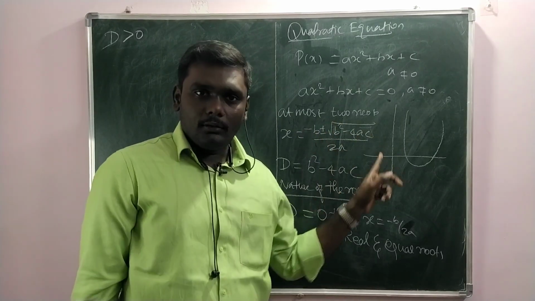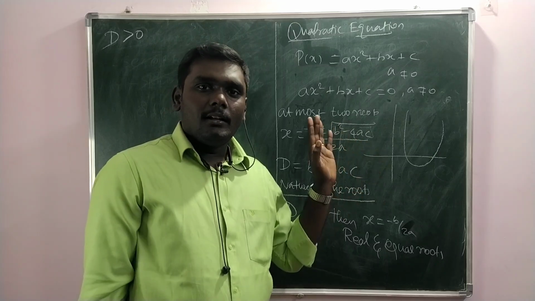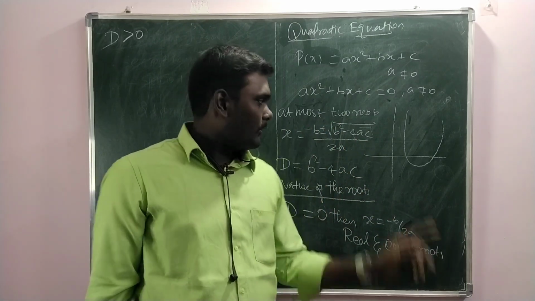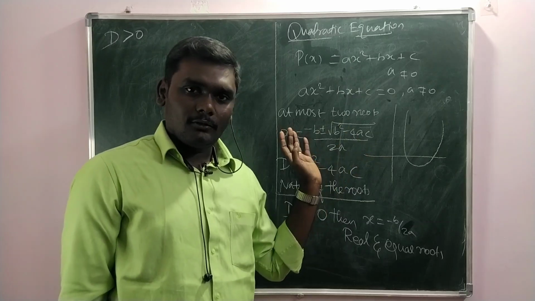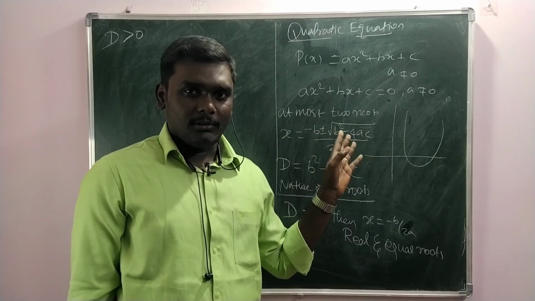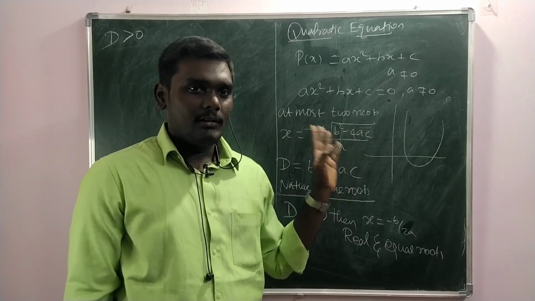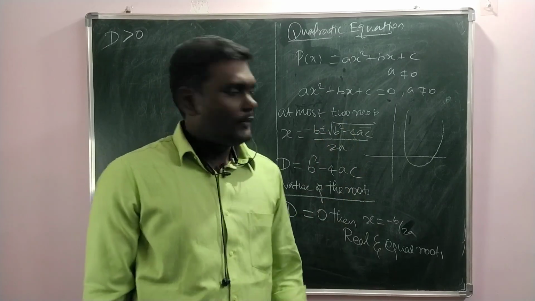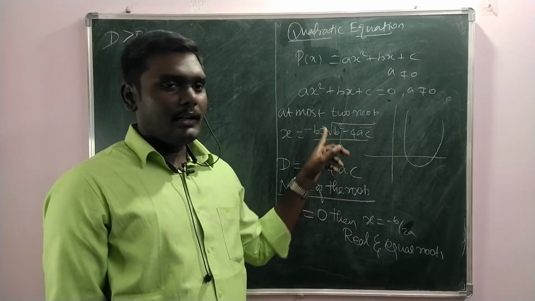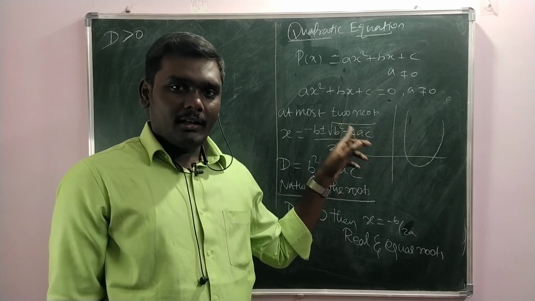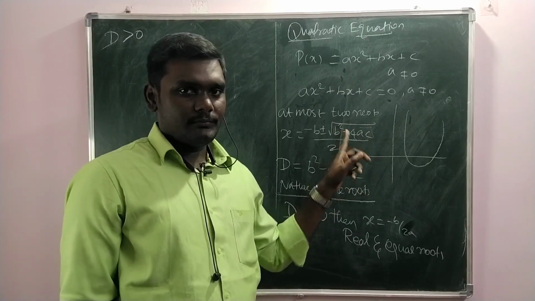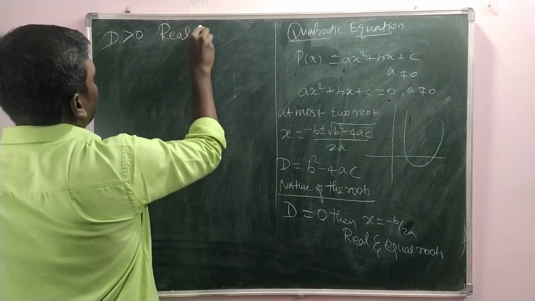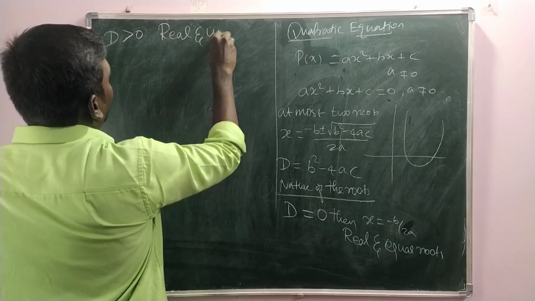It is not a problem either way, because we are not talking about rationalization here; what we are talking about is whether the roots are real or not. It will not vanish, so we have real and unequal roots.